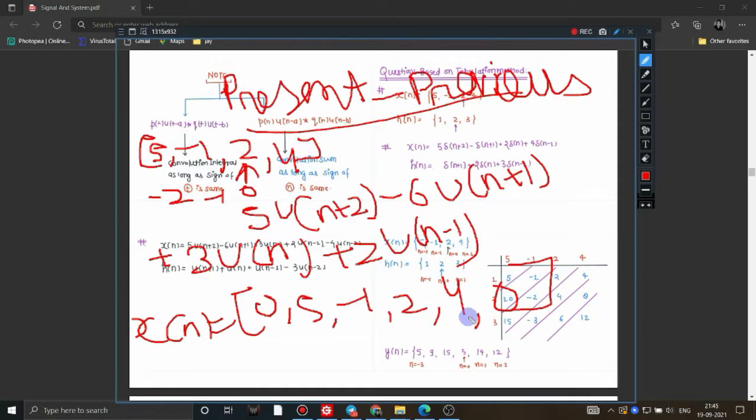And for this 0, we write minus 4 u n minus 2.